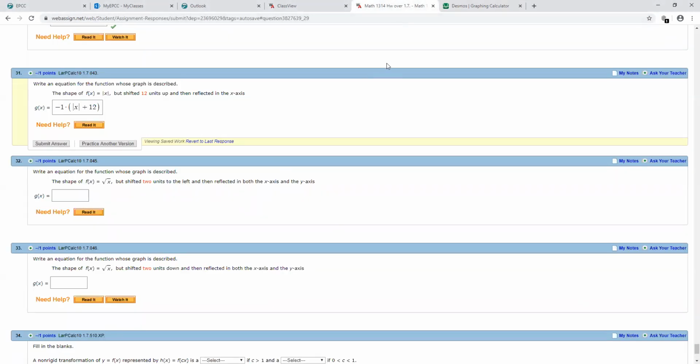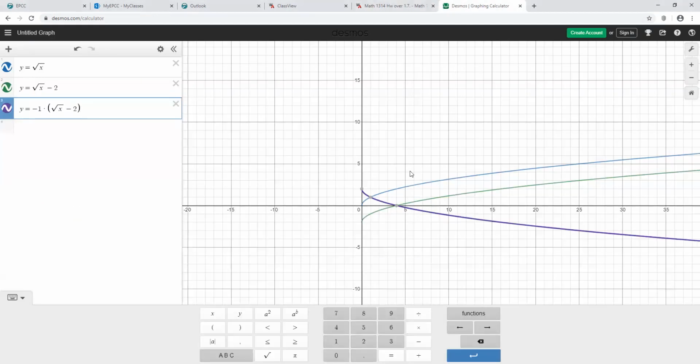Ah. So now we have to take the purple graph and reflect it over the y-axis. And this whole purple graph is now going to go something like this. So how do we reflect over the y-axis?